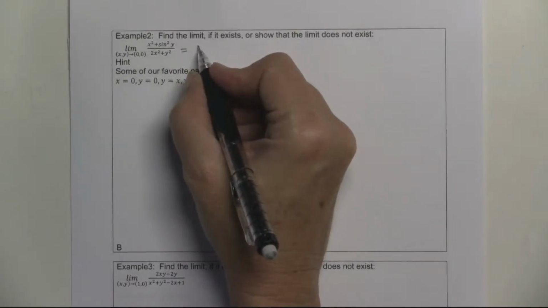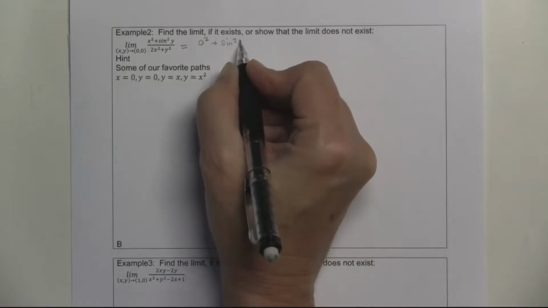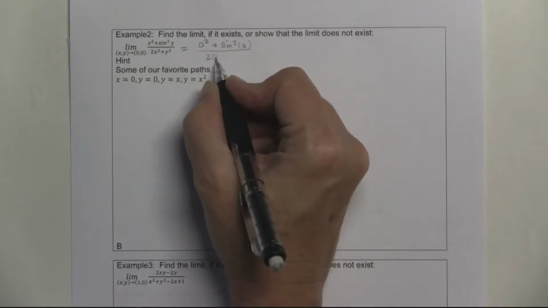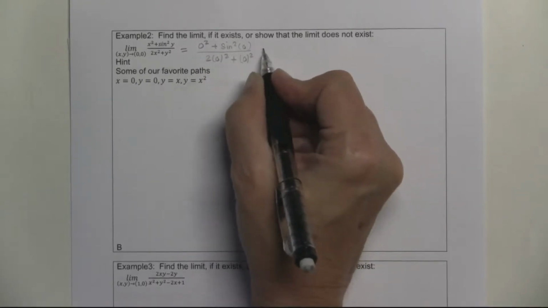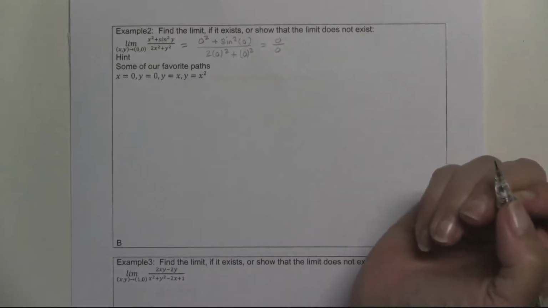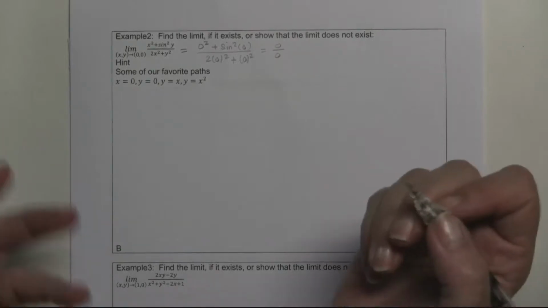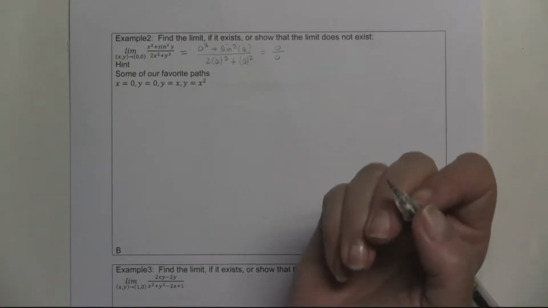If I substitute in, x is 0, so that's 0 squared plus sine squared of 0, over 2 times 0 squared plus y is 0 as well, 0 squared. So this is indeed 0 over 0, right? If it turned out lovely, like 0 over 1, then the answer would be 0. Or if it were 6 over 2, then the answer would be 3. But it didn't.